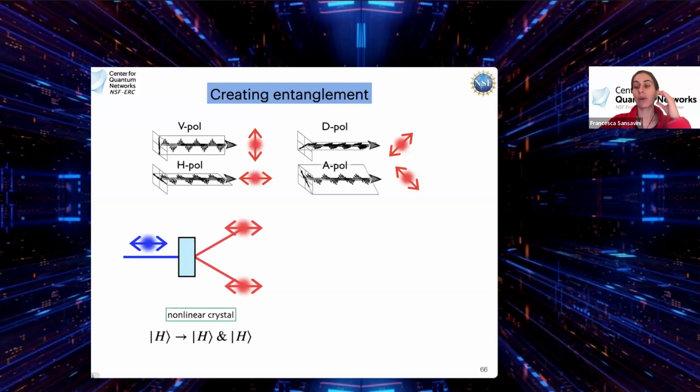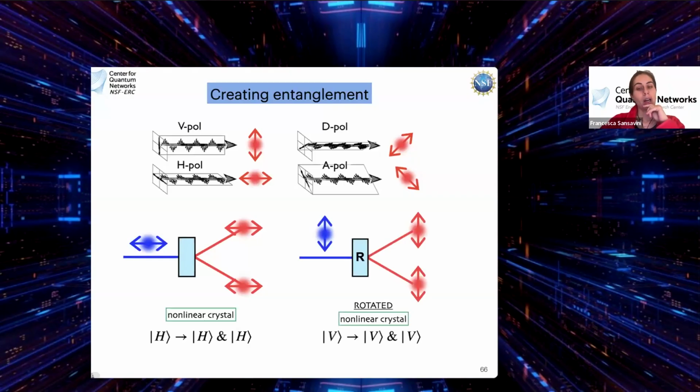We can also decide to rotate the crystal. And now in this case, we can send a vertical blue photon, and the result of the down conversion is going to be two vertical red photons. So the important point is that each crystal, either the non-rotated or the rotated version, will accept either horizontal or vertical for the down conversion.